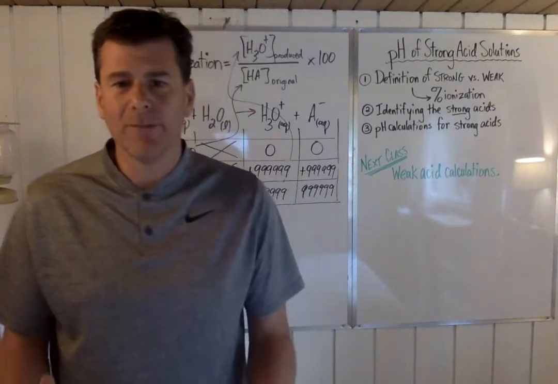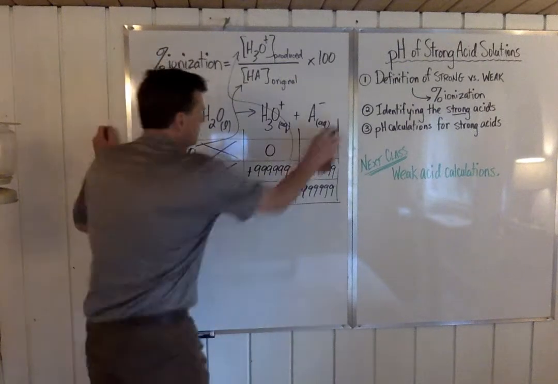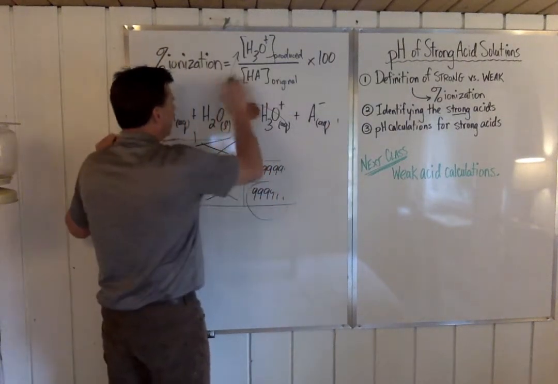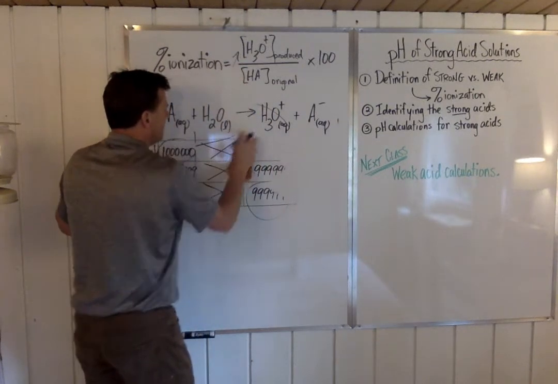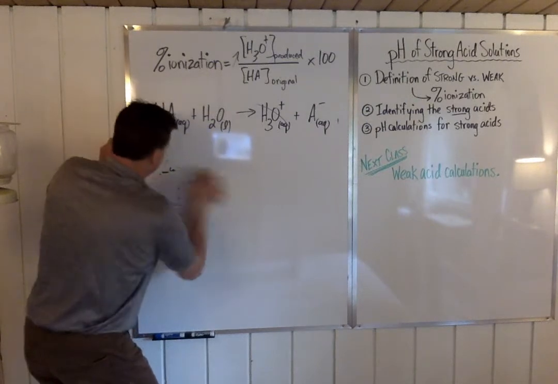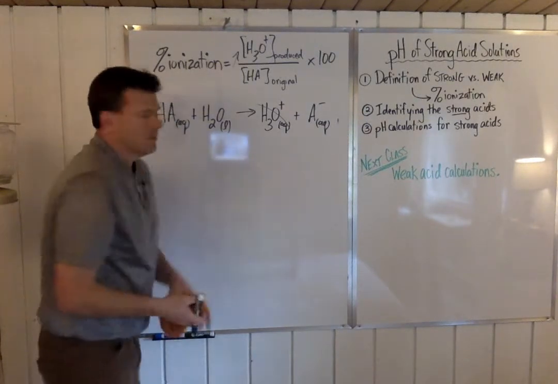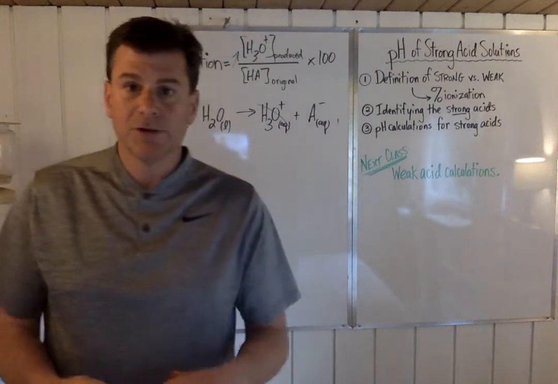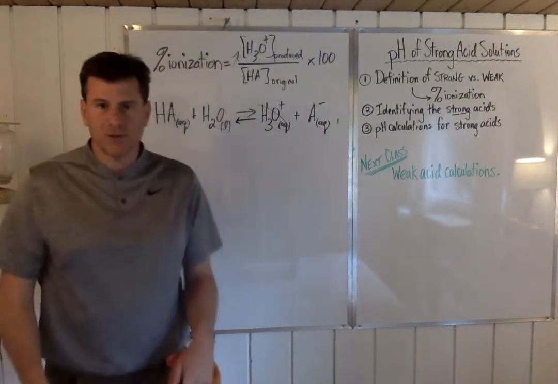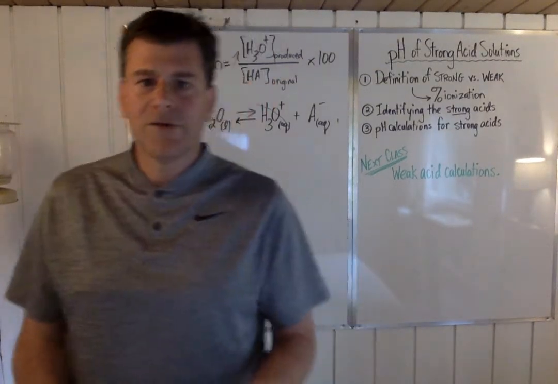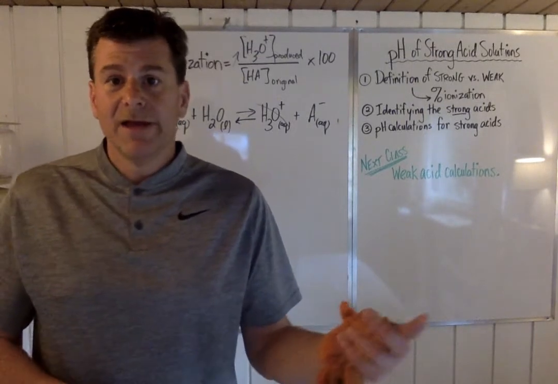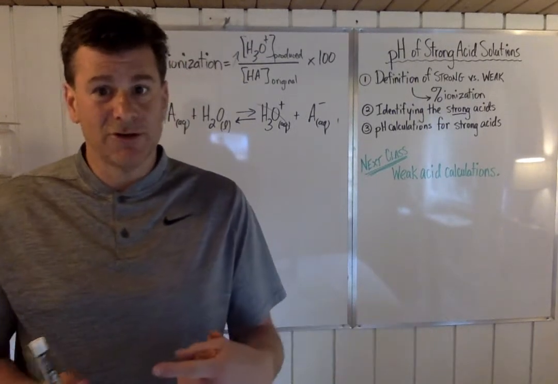Because what I want you to remember is that regardless of what chemical you're talking about, and I've kind of messed up my equation here, they can always turn around and go back the other way. So even if you've got a really strong acid, it unloads its H really, really well, it can still turn around and go back the other way.